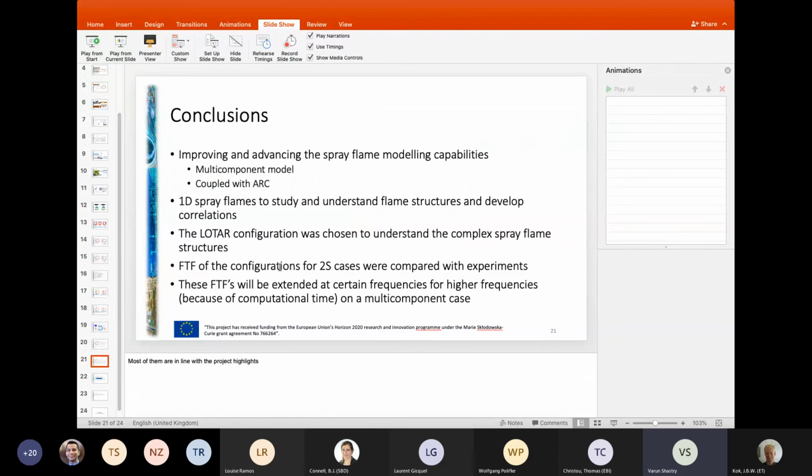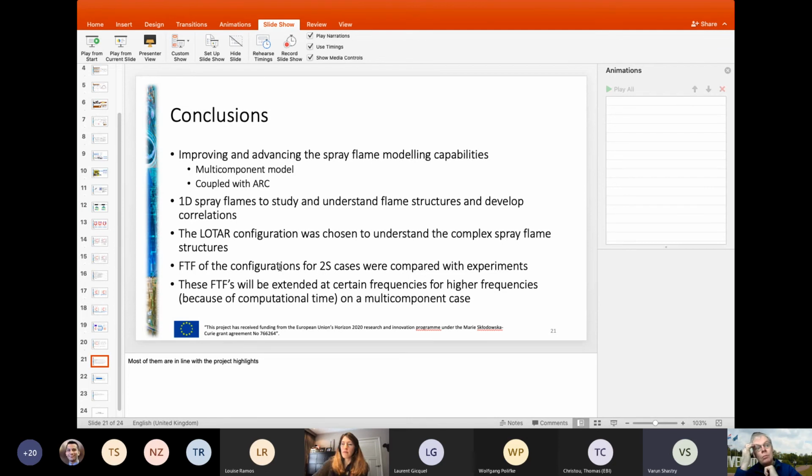So with that, I wanted to show that the work done at Surfax was in line with what was initially proposed with respect to improving spray flame modeling capabilities and then applying it to a larger combustor configuration.